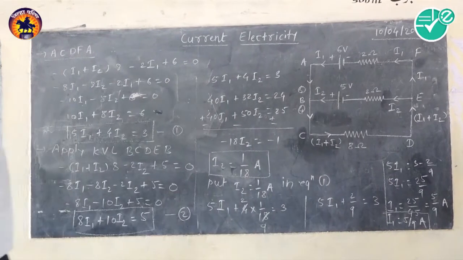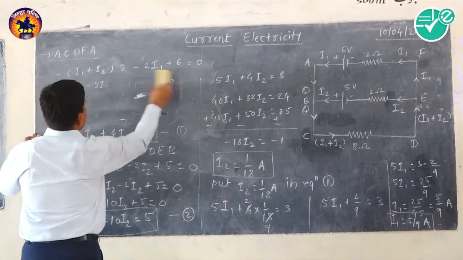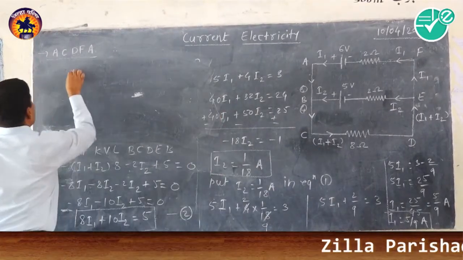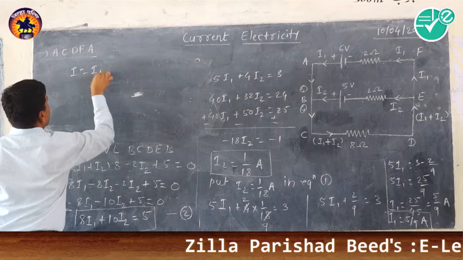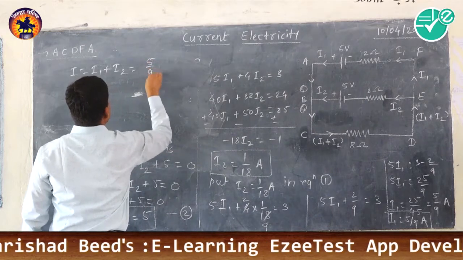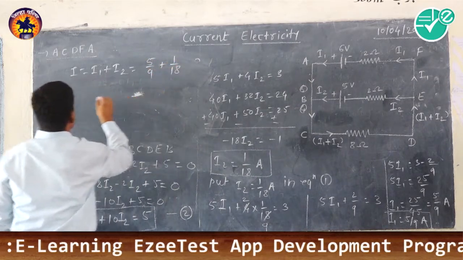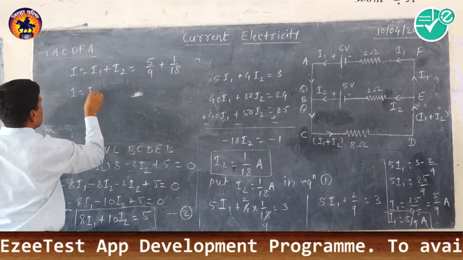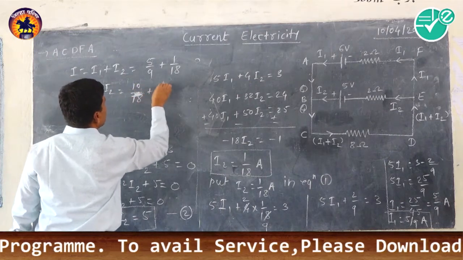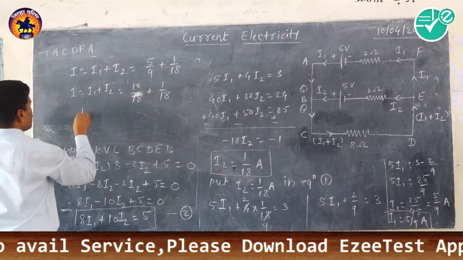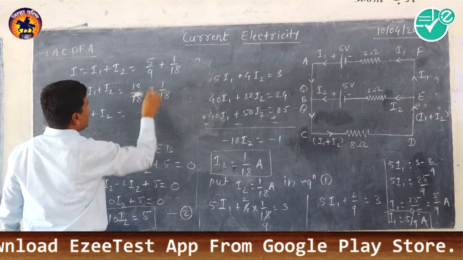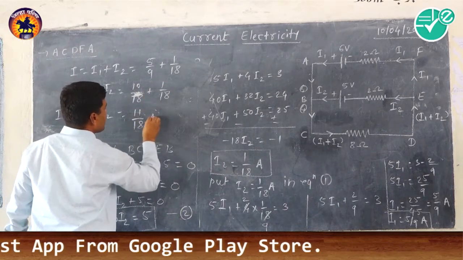This is 10 by 18 plus 1 by 18. So the total current I is equal to 11 by 18 ampere.